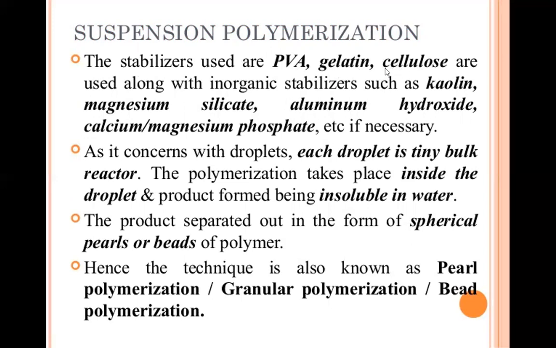These are organic stabilizers, and along with them, inorganic stabilizers are also mixed. The inorganic stabilizers are kaolin, magnesium silicate, aluminum hydroxide, and calcium or magnesium phosphates, used if necessary.